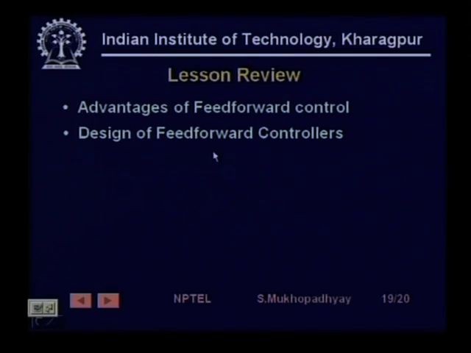Then we have seen the design of feed forward controllers both based on a steady state model as well as a dynamic model, a very simple dynamic model. We have seen that if we design a feed forward controller based on dynamic models, and we expect that the process output will match the set point point to point, then for certain kinds of set point changes unreasonable inputs to the plant may be demanded, which is not possible to be given.